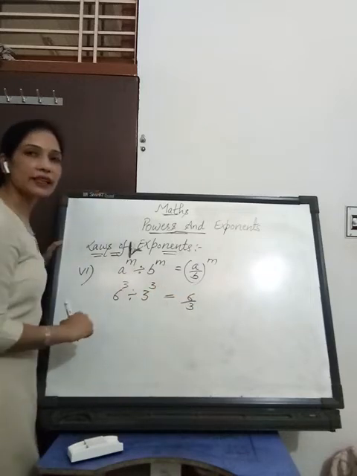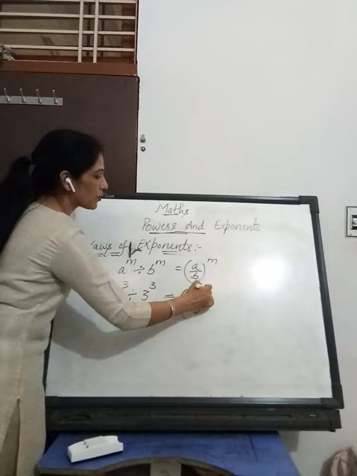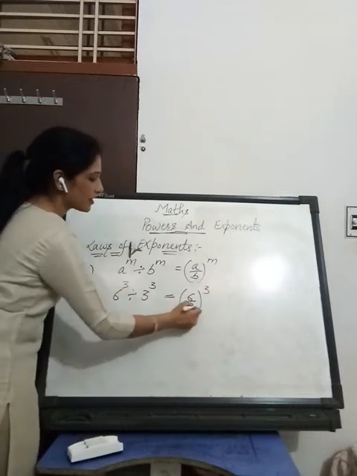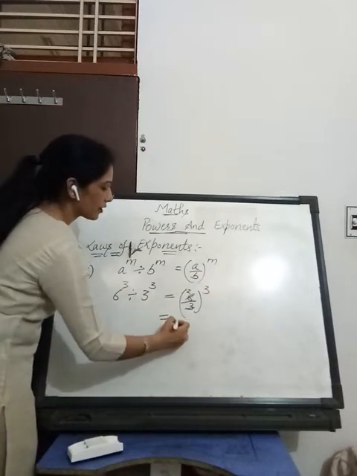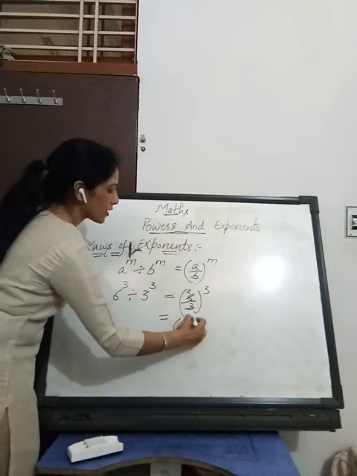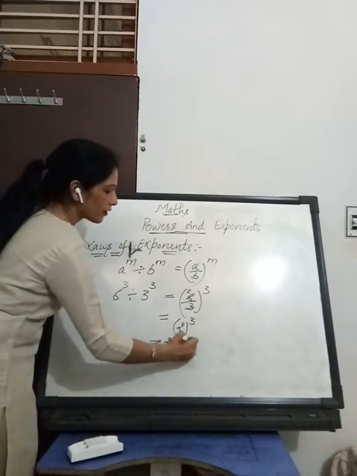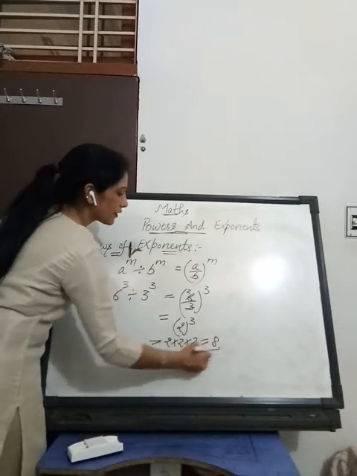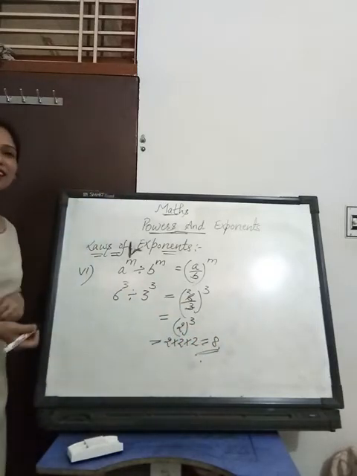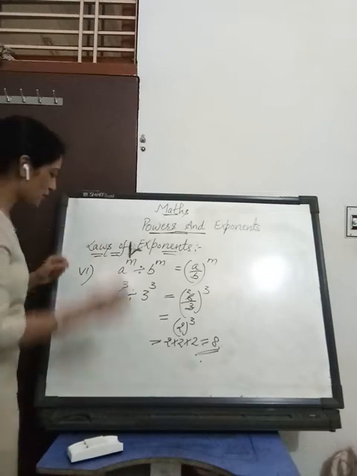You have to divide the base and power you have to write as it is. After cancelling, your answer will be 2 raised to power 3 and you can solve it in this way. Clear to you all? Now last but not least law.